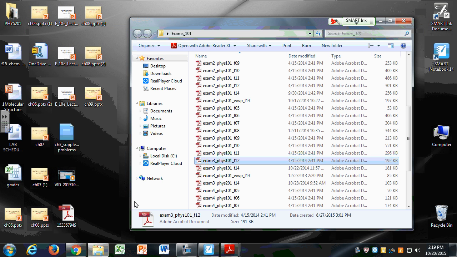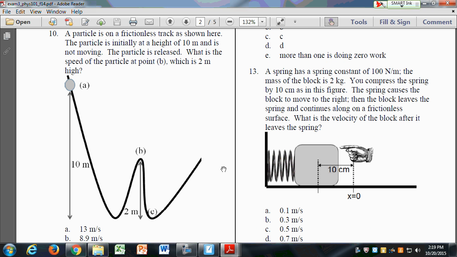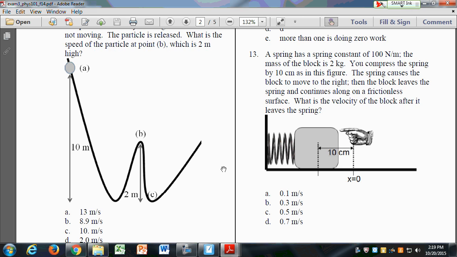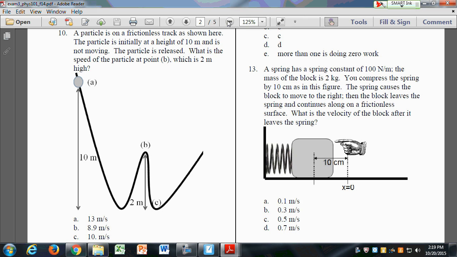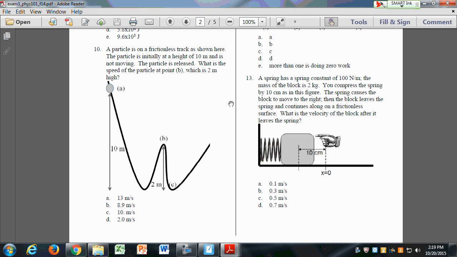No? Shoot. Hold on. Okay, like this one. This is fall 14. I think, no, we haven't seen this one. We might have worked this one in class.